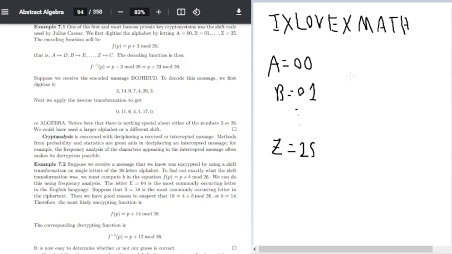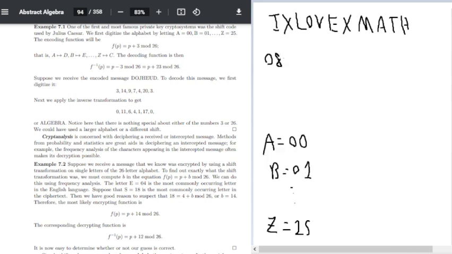It's 9, so I would be 8. Then 3, then 11. Oh gosh, I don't know how to count.